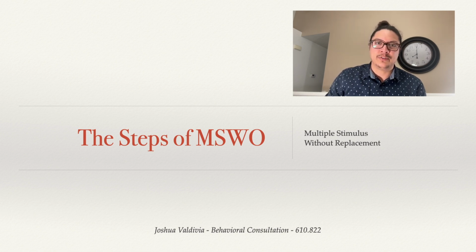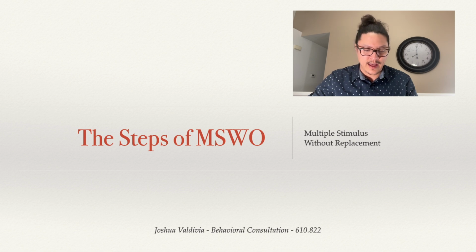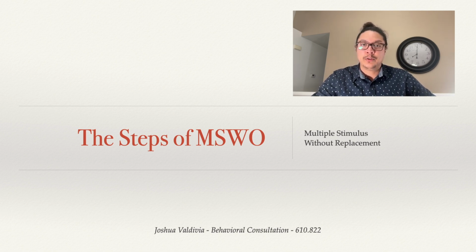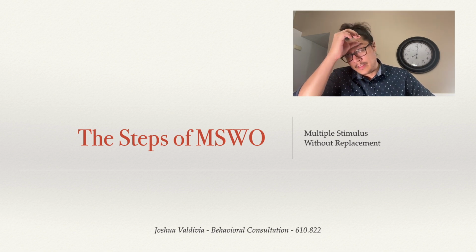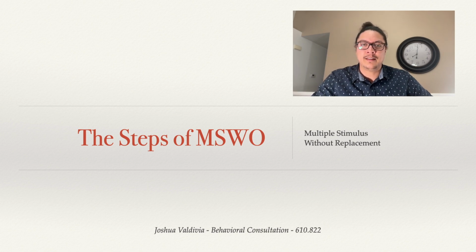I'm going to go over some steps on how to conduct that assessment, but let's just go over what an MSWO is. An MSWO stands for multiple stimulus without replacement. How this is conducted is you present multiple stimuli simultaneously to an individual. The individual is allowed to select and engage with their selection for a predetermined amount of time.